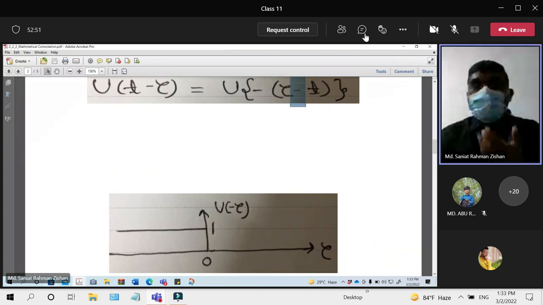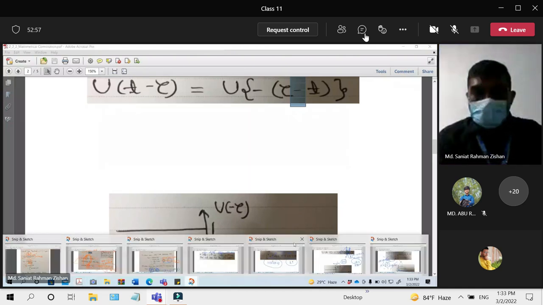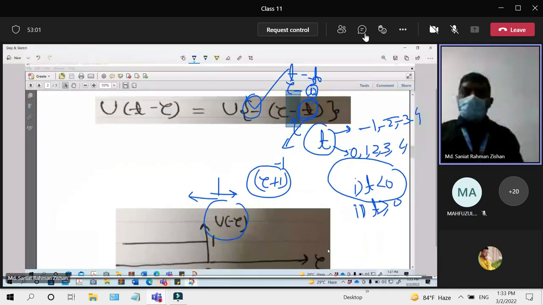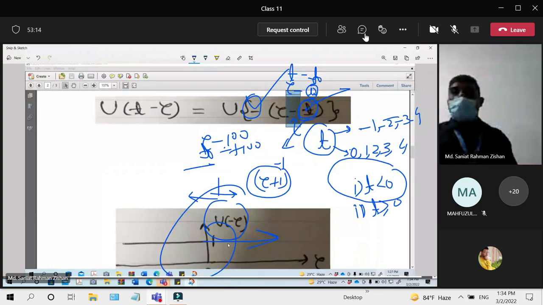U tau minus t. Let's say this was the previous diagram. That will be a right shift. This time I am assuming, let's say, t equal to 100. So this will become tau minus 100, so it will be shifted to the right.